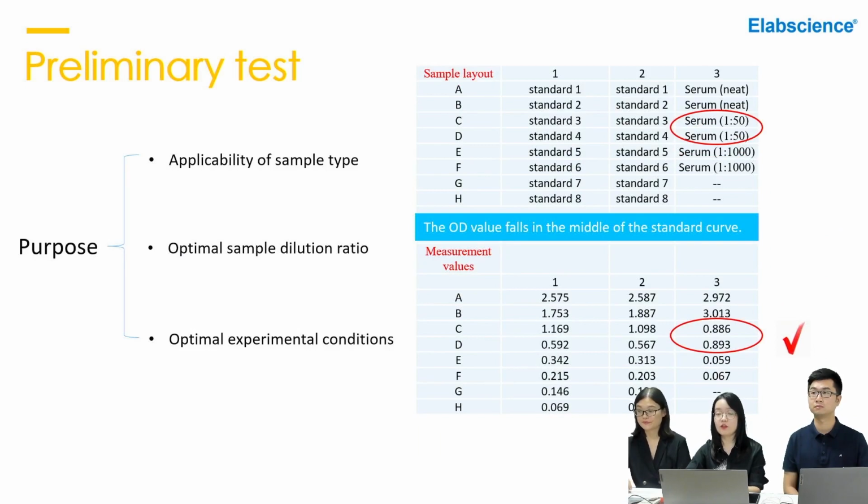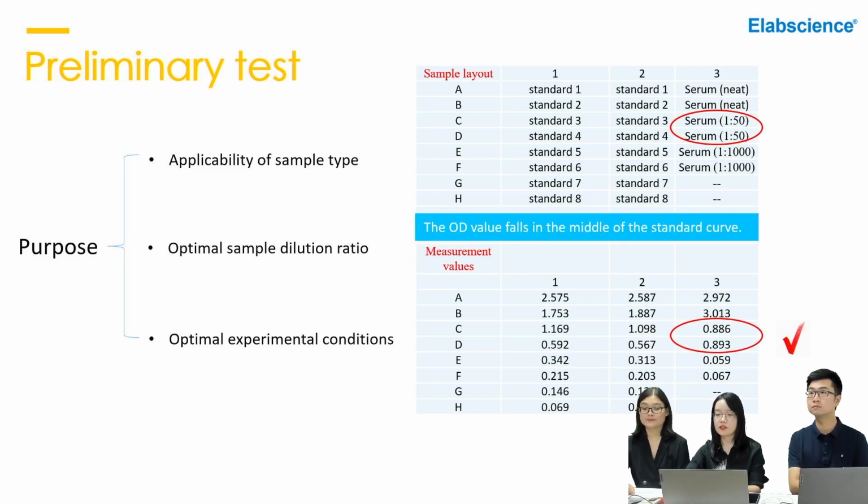After the design of the experiment, we need to carry out the preliminary tests to verify whether the samples are suitable for the normal experiment. At the same time, irrelevant variables are also precisely controlled in these pre-tests, and the sample dilution ratio and the optimal experimental conditions are further determined.